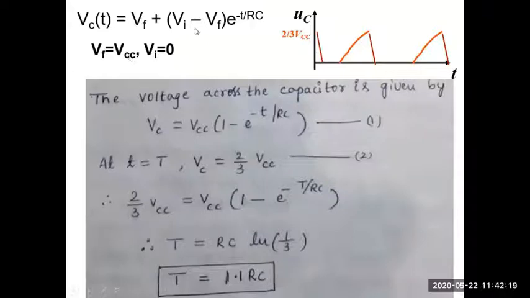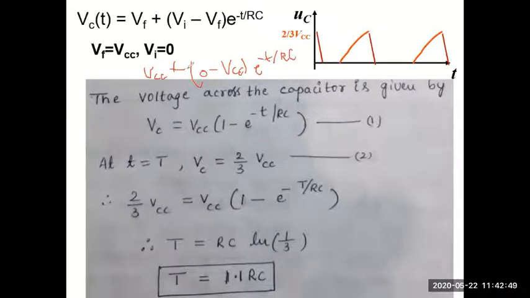If I substitute that in this equation, what would you get? You will get Vc is equal to Vcc plus (0 minus Vcc) into e to the power of minus t by RC. That's what is written here.